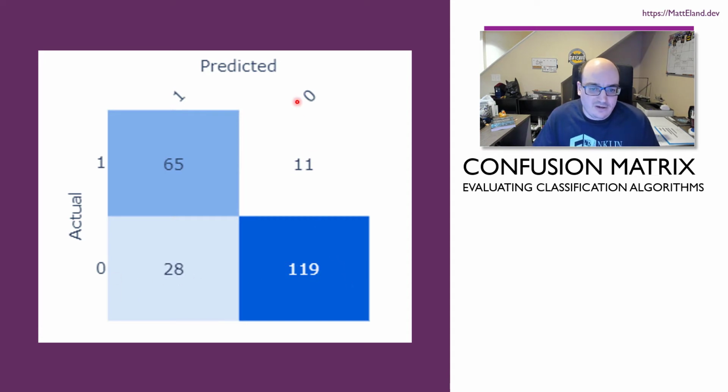There are cases where we predicted it wasn't something, but it actually was. So that's a false negative. There are the cases where we thought it was and it was, that's a true positive. The cases where it wasn't and we thought it wasn't, that's a true negative. And then over here we have a false positive. We thought it was true and it was actually false.